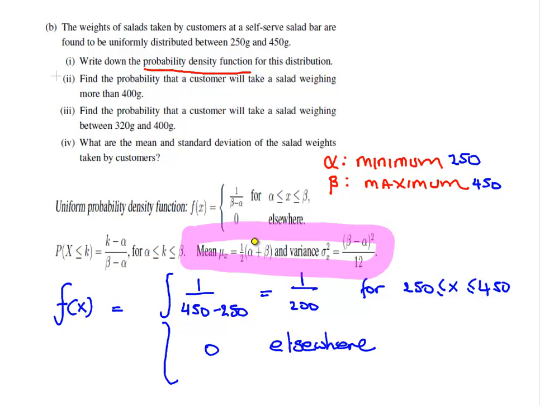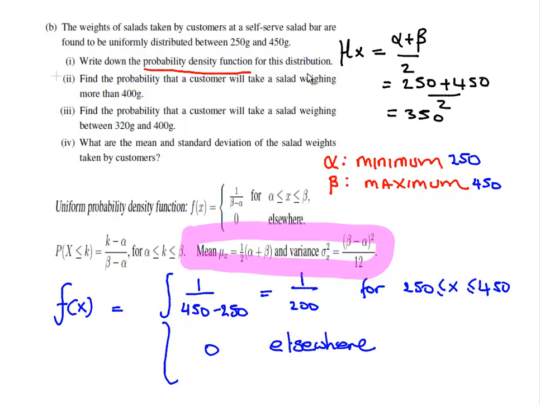The mean mu of x is a half of alpha plus beta, so alpha plus beta over 2 equals 250 plus 450 divided by 2, which is equal to 350. And the standard deviation involves beta minus alpha, squared, divided by 12.